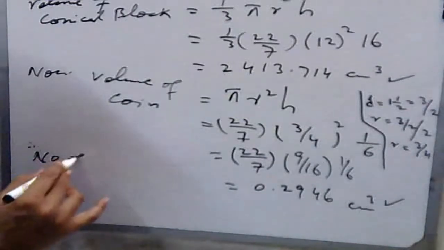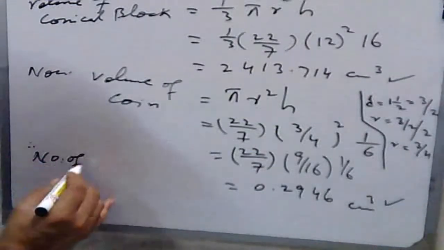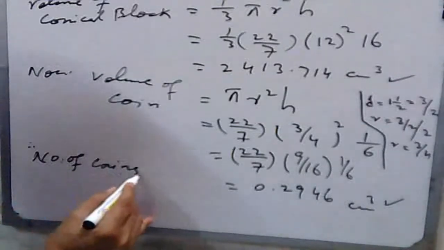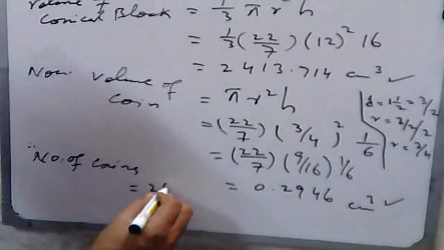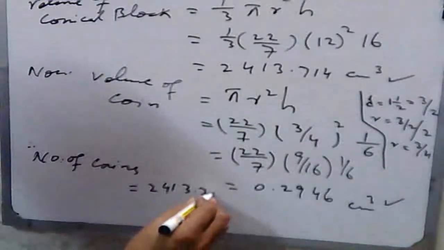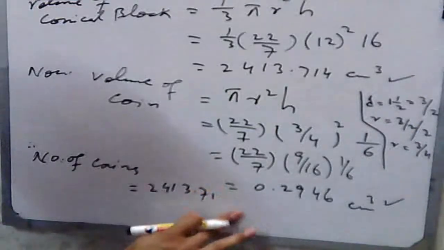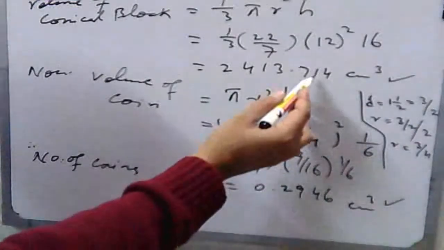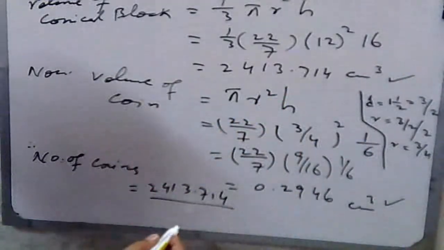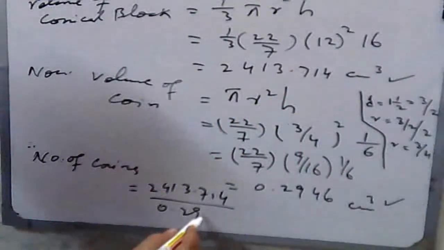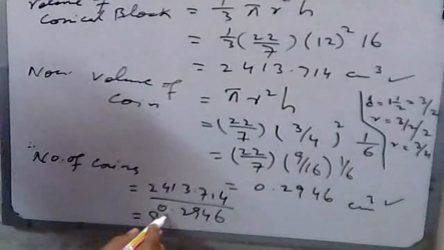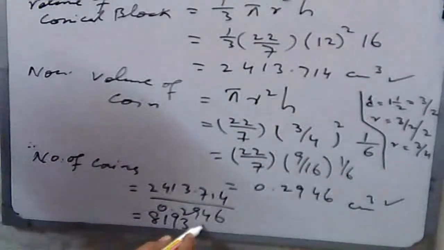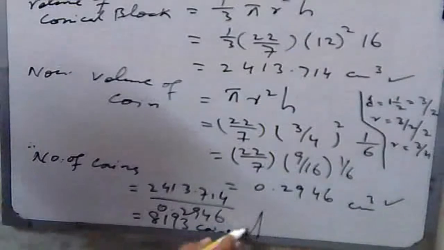Therefore, the number of coins that can be made is equal to volume of cone 2413.714 divided by what you have just calculated, 0.2946. So you will get 8193 coins can be made. So that is your required result.